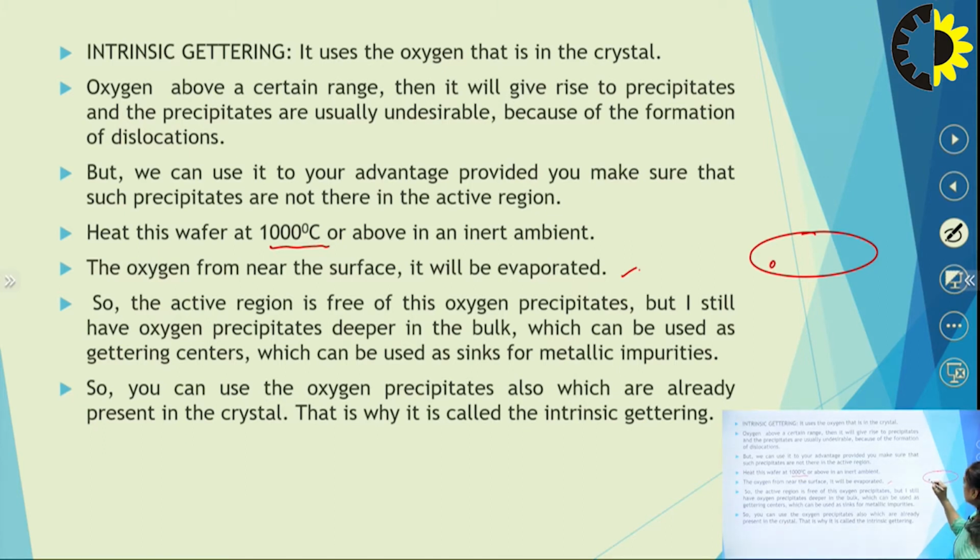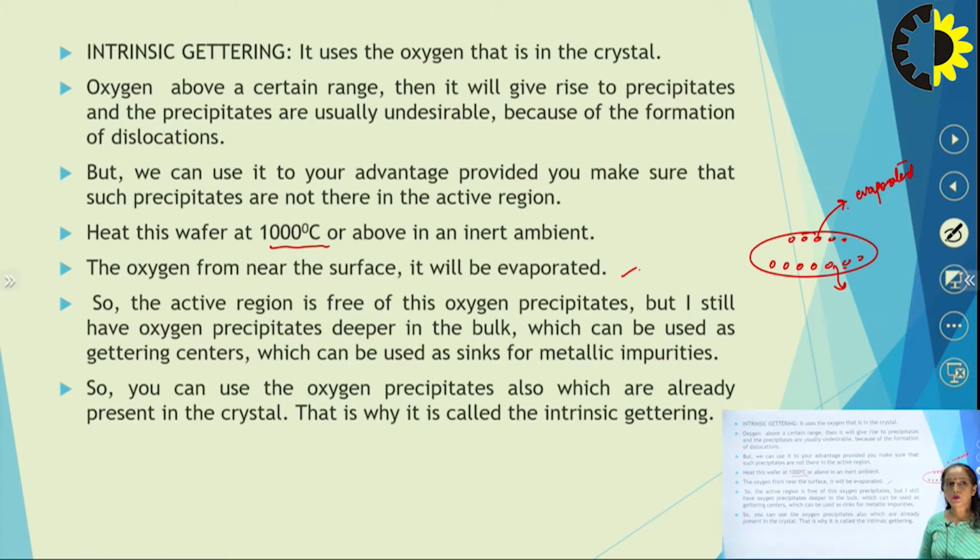So oxygen will be there in the deep bulk, and from here when we heat the wafer, it will be evaporated, and at the lower side it will remain in the wafer, and these oxygen precipitates will create dislocations which will act as a gettering center, as a sink, which will collect the metallic impurities.